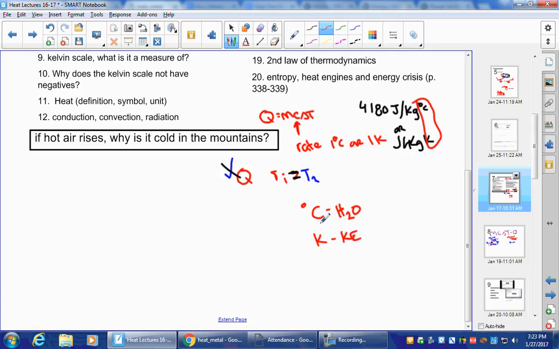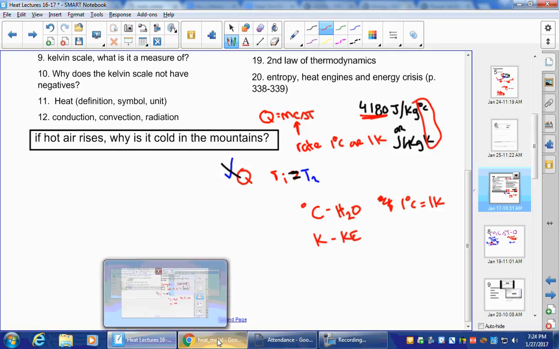Each one of these, a degree of each or a gradient of each, is the exact same thing. So 1 degree Celsius is equal to 1 Kelvin. The gradients are the same. So that's why you don't have to change the units at all, okay? Or you don't have to change the value of specific heat of water or any other thing for that matter.